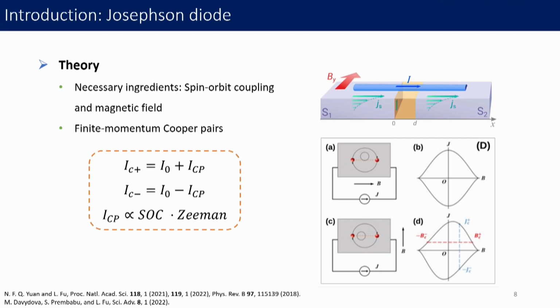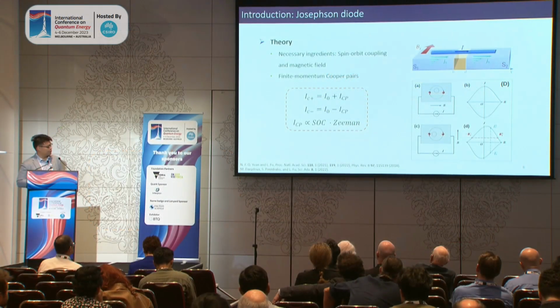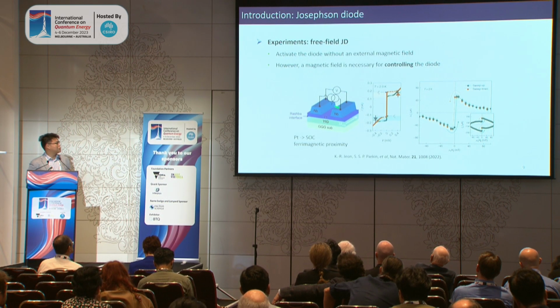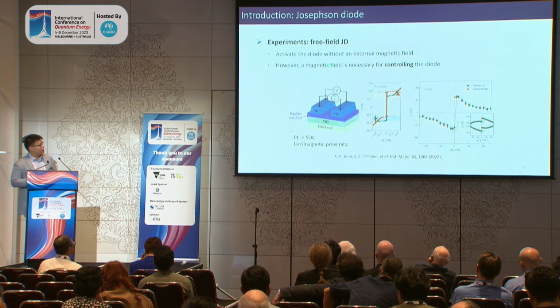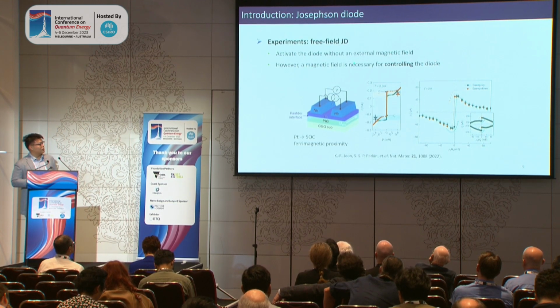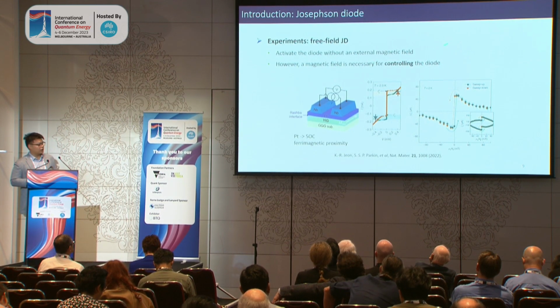So there is a diode effect, and we can see that this Cooper pair current is proportional to the Zeeman field. Another proposal is that we can create a diode effect without the need of an external magnetic field.